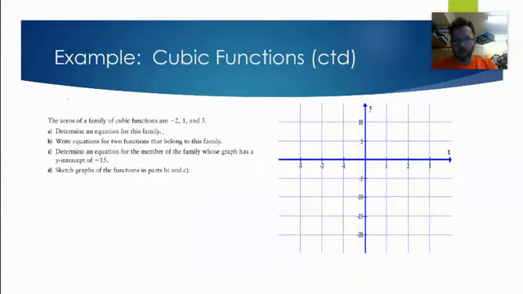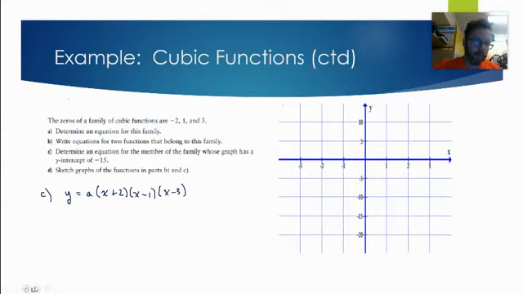So let's go to some space where we have to work. You guys should still have some space on your lesson sheet. And yeah, let's get after part C. So the equation of the family, x plus 2, x minus 1, x minus 3.